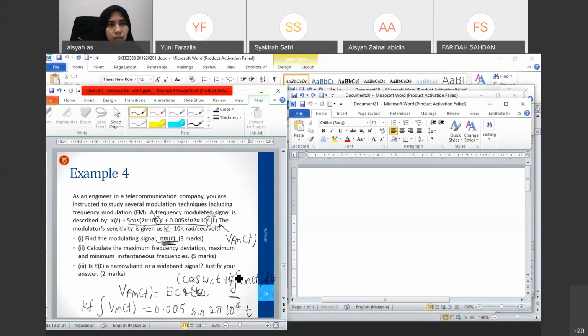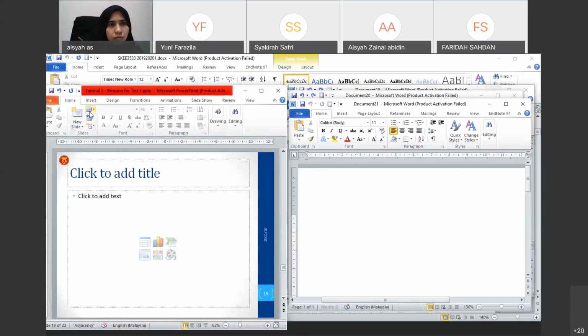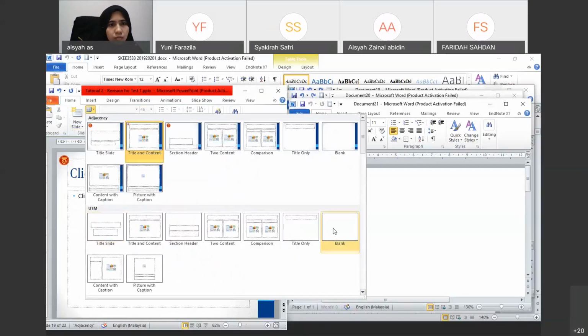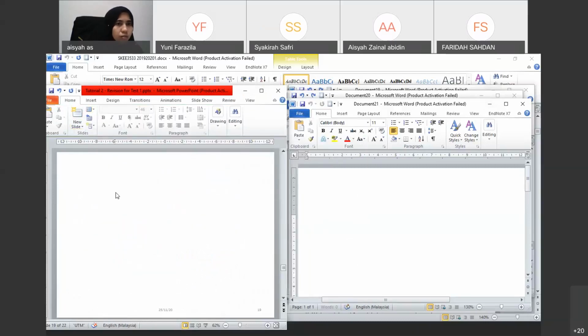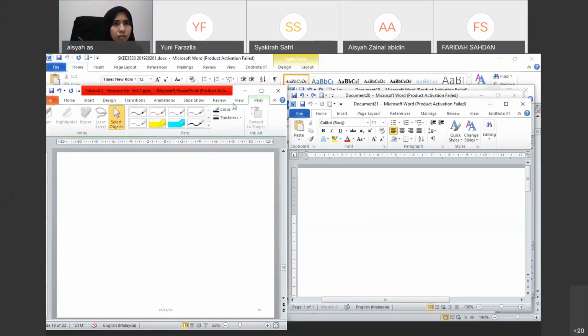And then from here, you will get that KF is 10 pi. 10 pi times VMT dt equals 0.005 sine 2 pi 10 power of 4 t.